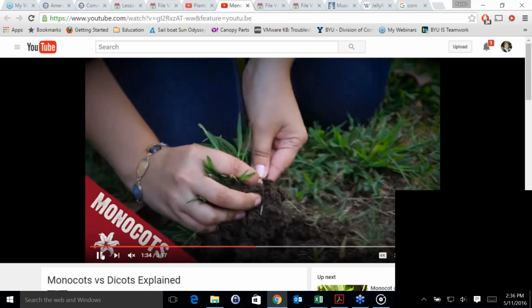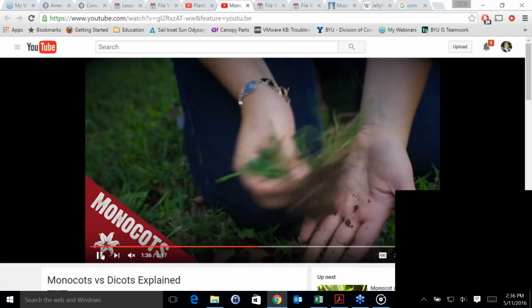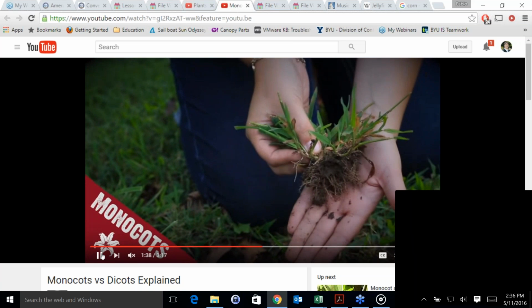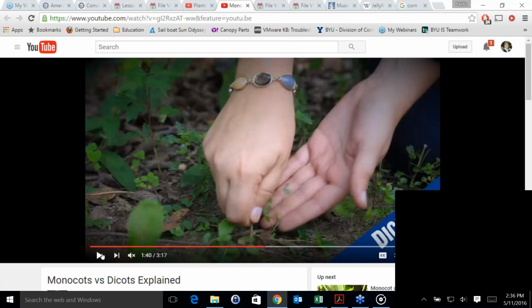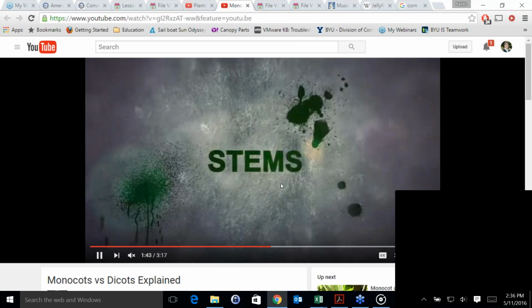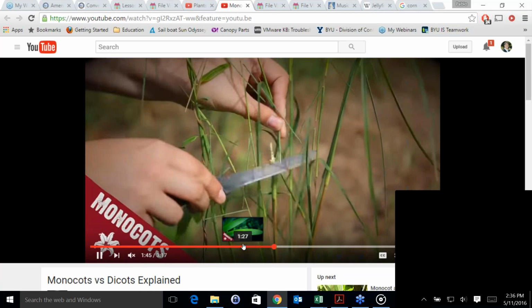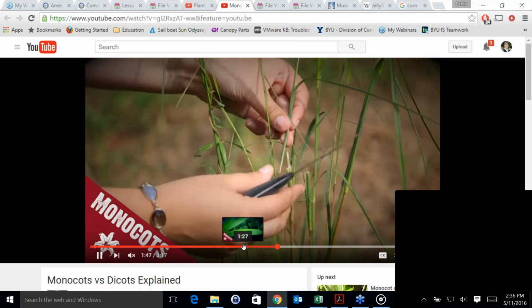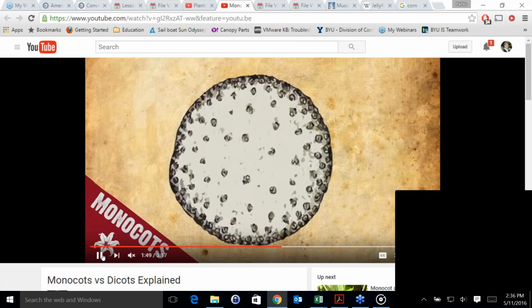The third characteristic is roots. Monocots have these fibrous roots that spread out kind of like a net, whereas dicots have a taproot. And then we have the stems. In monocots, if you cut a monocot plant in half, you can see the vascular bundles are all scattered around.